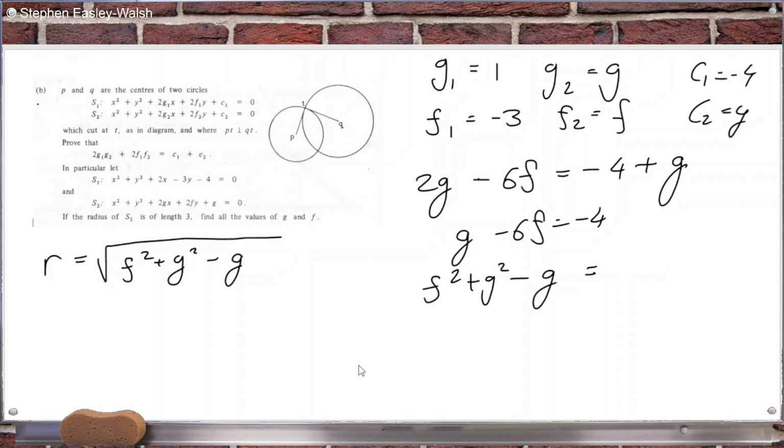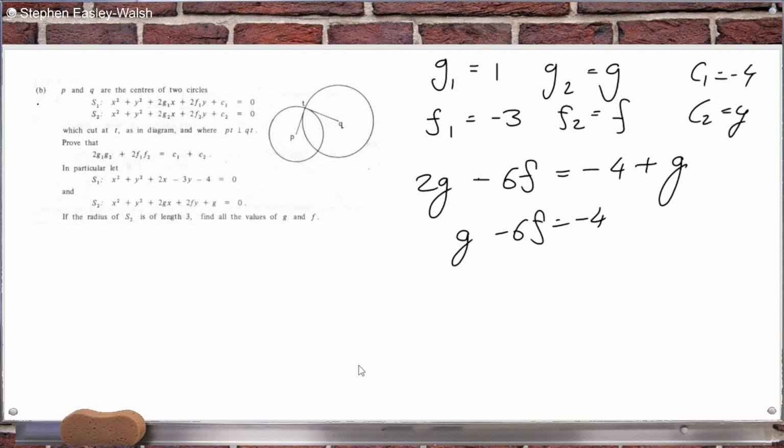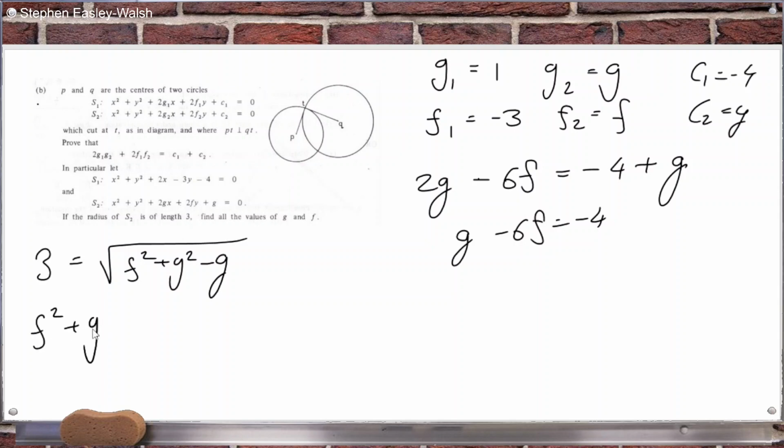I thought it was f squared plus g squared minus c. Let's go back and think about that: minus c plus f squared plus g squared. No, I'm pretty sure that's right. So 3 should equal the square root of f squared plus g squared minus g. I think that looks okay. So f squared plus g squared minus g is equal to 9.